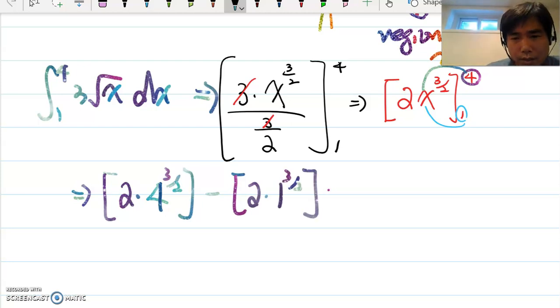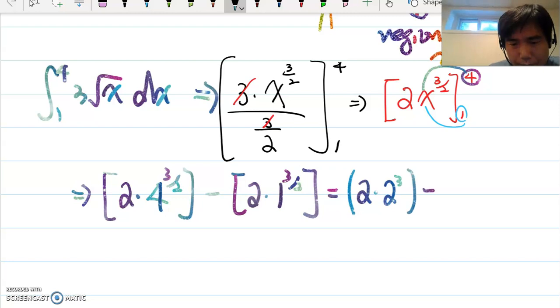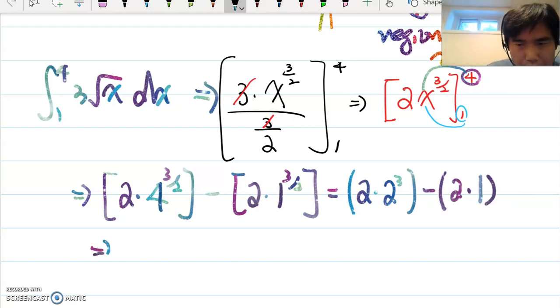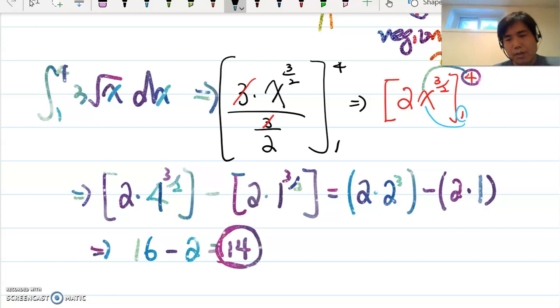This means 2 times 2 cubed minus 2 times 1. Therefore, this becomes 2 times 8, so 16, minus 2, equal to 14. This implies the region is above the x-axis, so we got a positive area value.